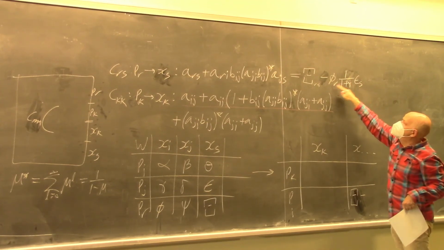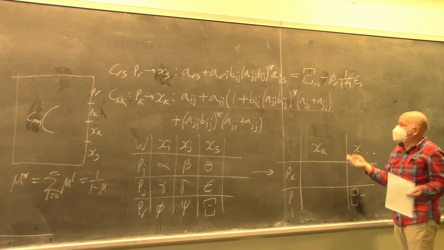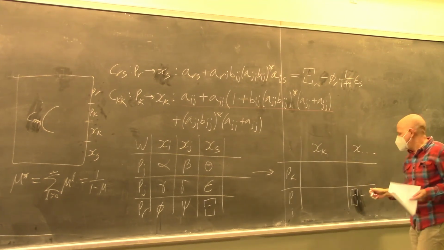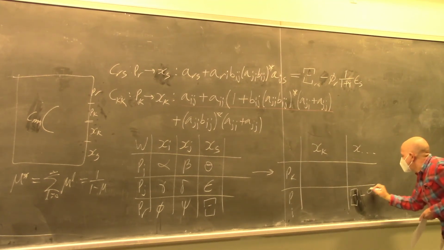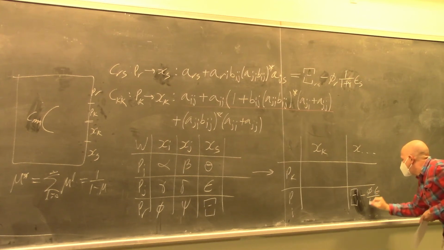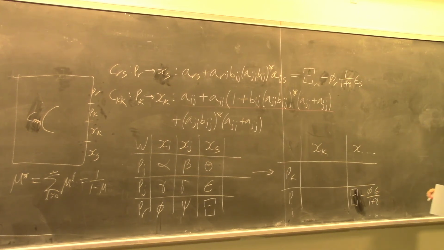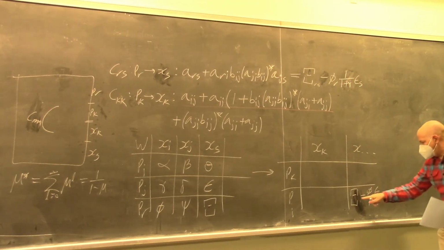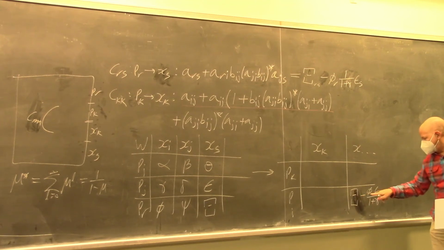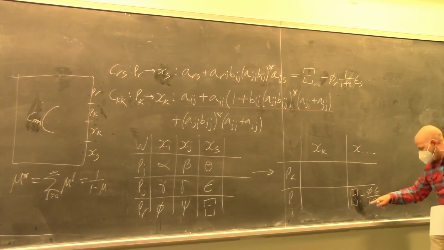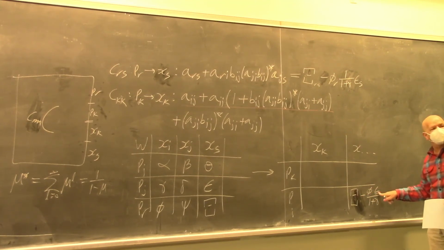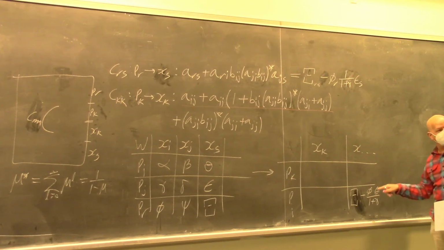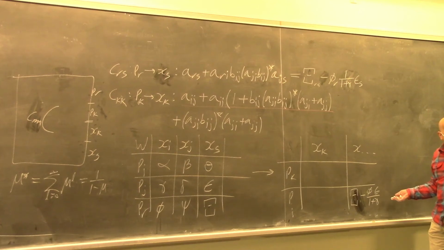If you multiply a column vector with a row vector, you get a matrix of the same dimension as you wanted. So this is minus phi times epsilon divided by 1 plus gamma. And this makes sense, right? This is a matrix, this is a column vector, this is a row vector. Again, you can tell by the way they're written, and it's the right size, it's the right thing.